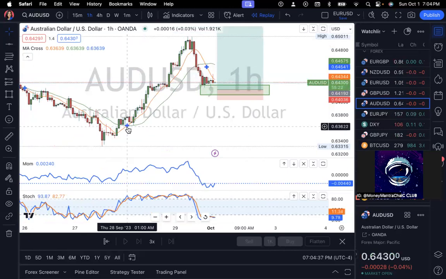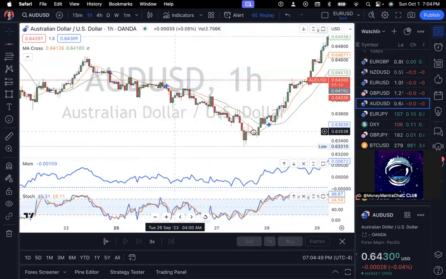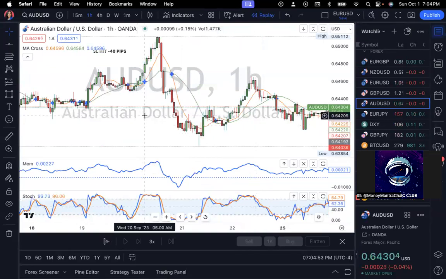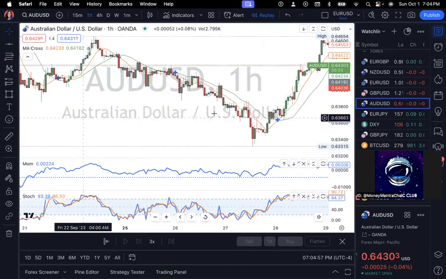And whenever they cross, that's literally when you want to enter the trade. So in this case, when the orange line is on top, you go for a buy. When the green line is on top, you go for a sell. So that's just a little shortcut for the MA cross if you can only use 3 indicators for the free version of TradingView.